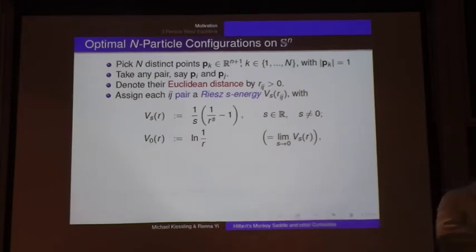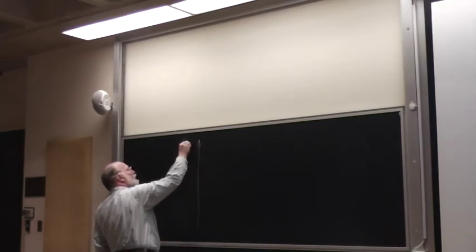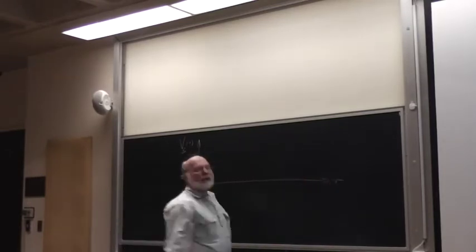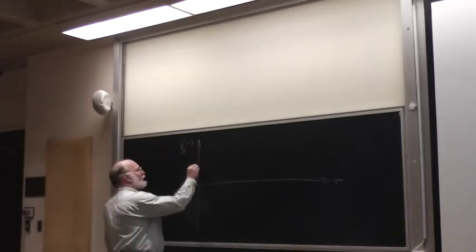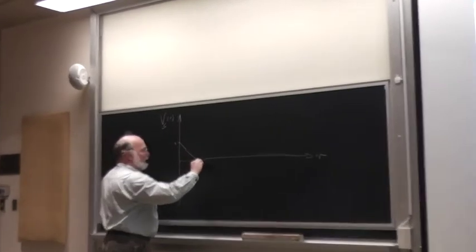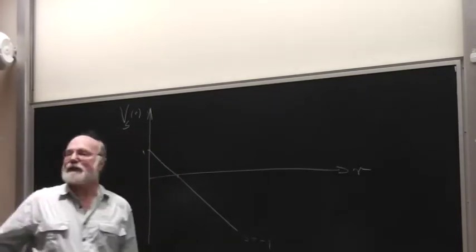I want to draw a small picture so you get an idea of how this family looks. Here I'm plotting v_s as a function of r, the pair distance, and let's say here is 1 and here is 1, and a straight line goes right through, and that would be s equals negative 1.